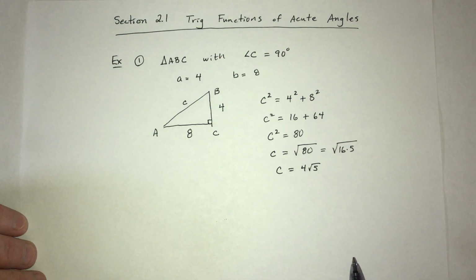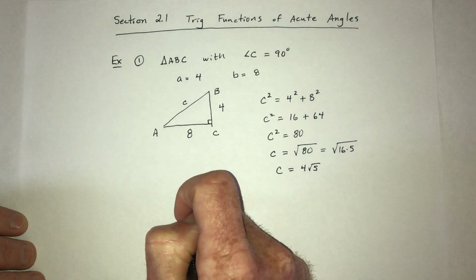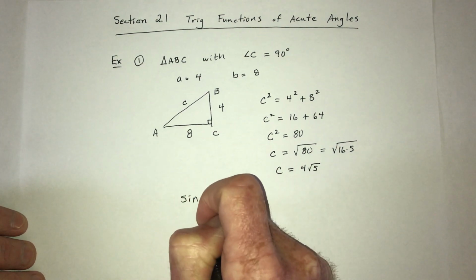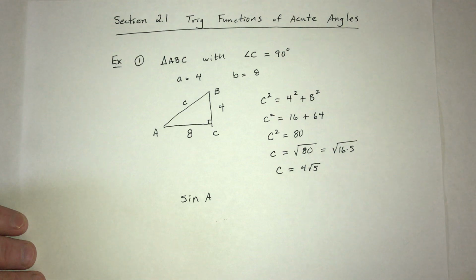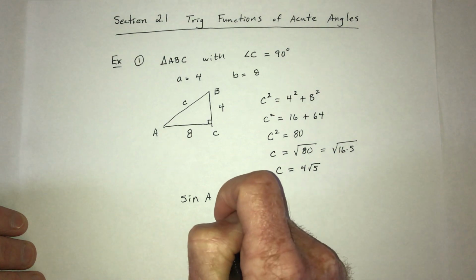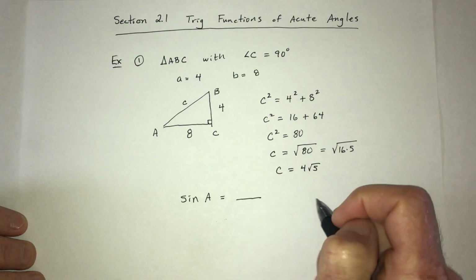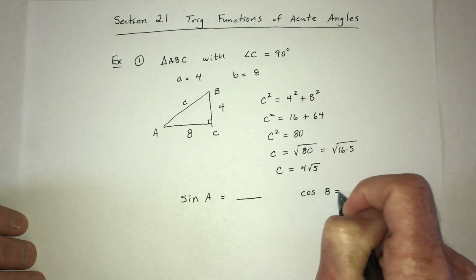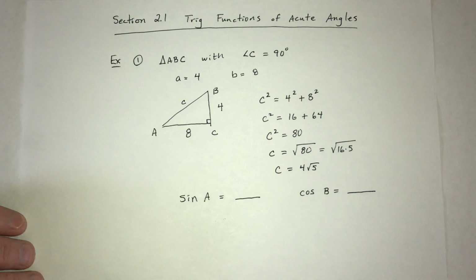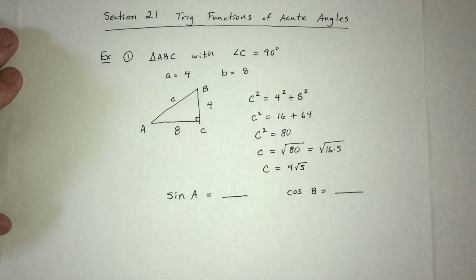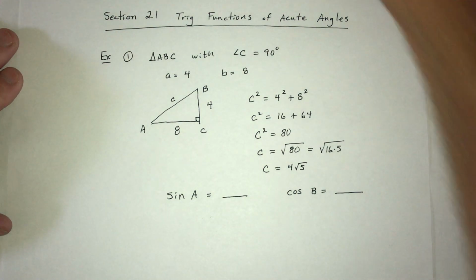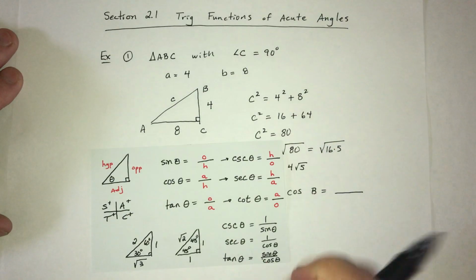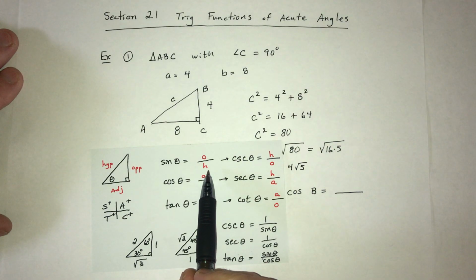All right, now find what is sine of A, what is cosine of B. Okay, here we go. So, as you may remember, sine is opposite over hypotenuse.